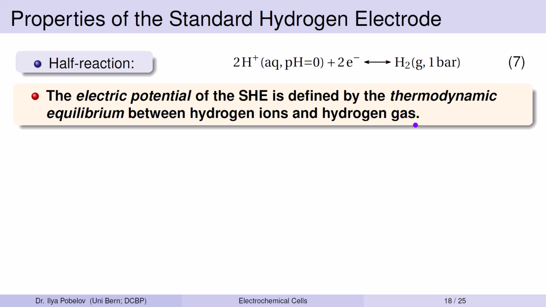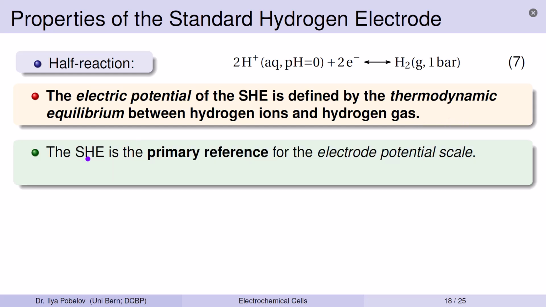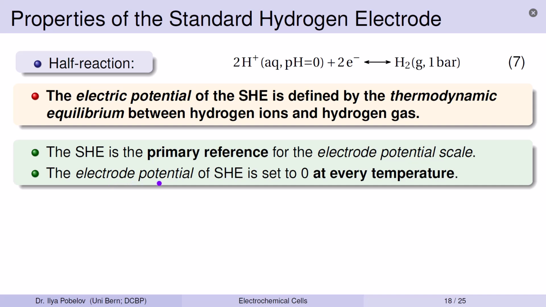and hydrogen gas. The standard hydrogen electrode is the primary reference for the electrode potential scale. Its electrode potential is set to 0 at every temperature. This standardization allows for the comparison of the potentials of other half cells when connected to the standard hydrogen electrode.